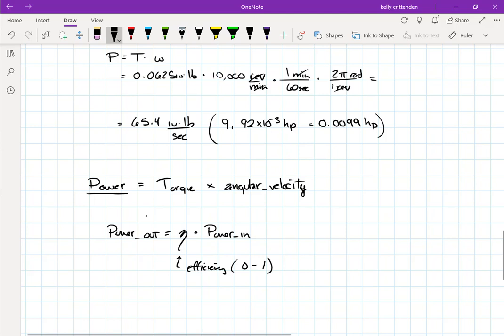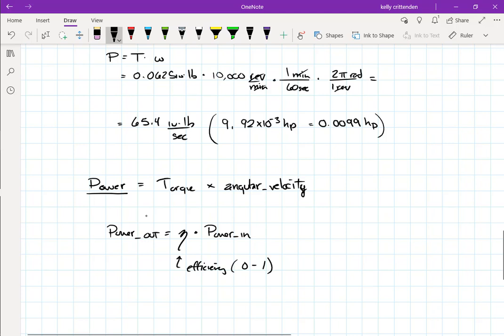And in our rotating shaft type of thing, for most of what we're going to do, we're going to assume that power is lost on the torque side.